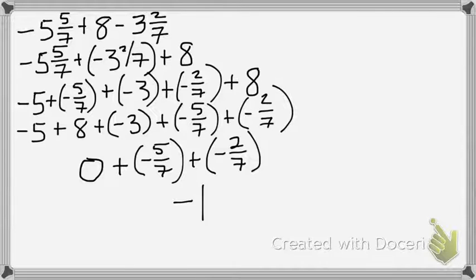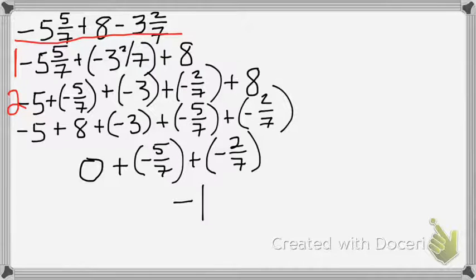This is the starting point, and in step number 1, I applied the commutative property, just moving things around, moving that negative 3 and 2/7 next to the negative 5 and 5/7. Then I applied the sum of the opposites in step 2, separating those out, as we've seen already before.